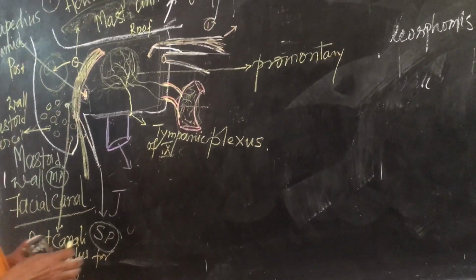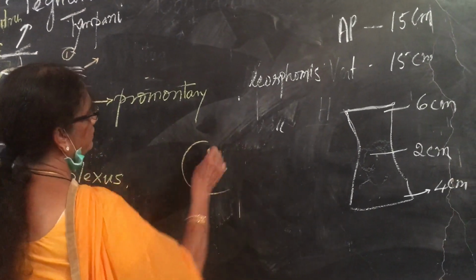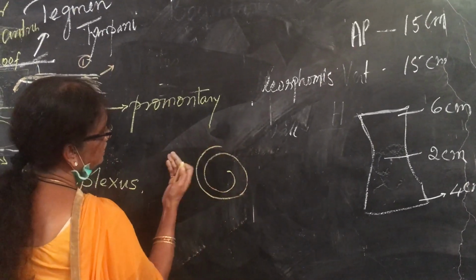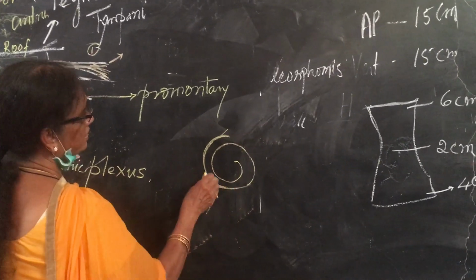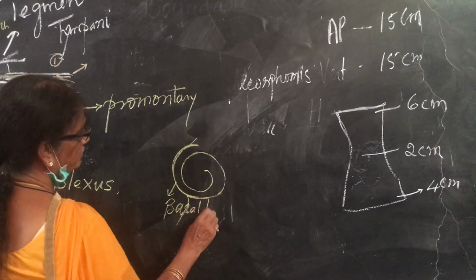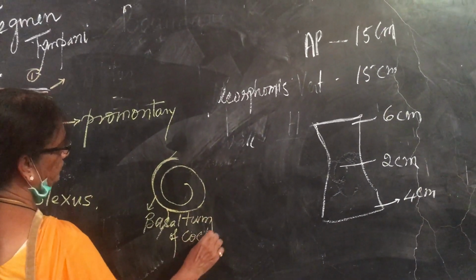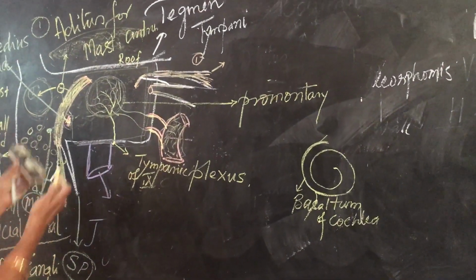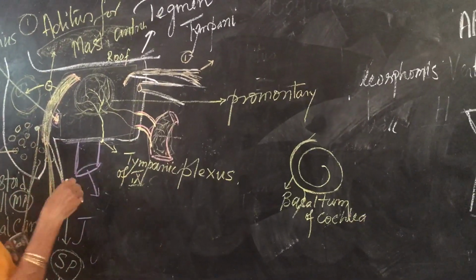And this promontory is produced by the first turn of the cochlea. The cochlea has 2.5 turns. The bulge is produced by the first turn, or the basal turn, of the cochlea. So towards the middle ear cavity, it is covered by the tympanic plexus.